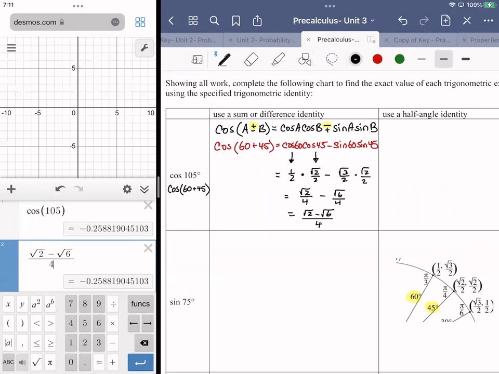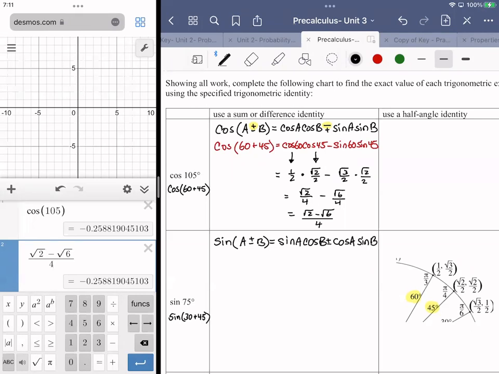It's a little cut off, but 30 and 45 will get the job done. All right. So the sine sum difference identity: sine of A plus or minus B is equal to sine of A cosine of B plus or minus cosine A sine B.